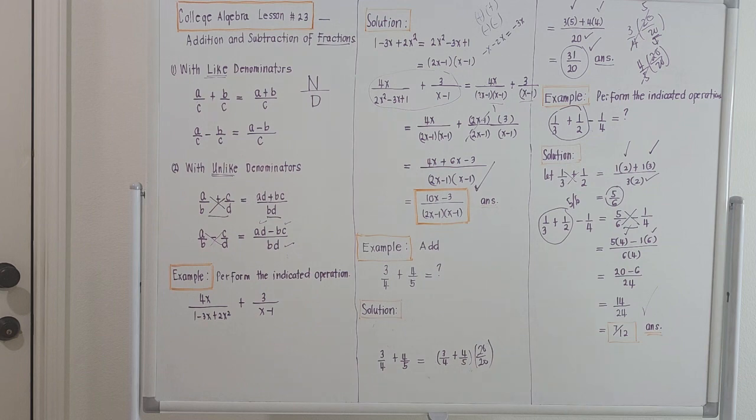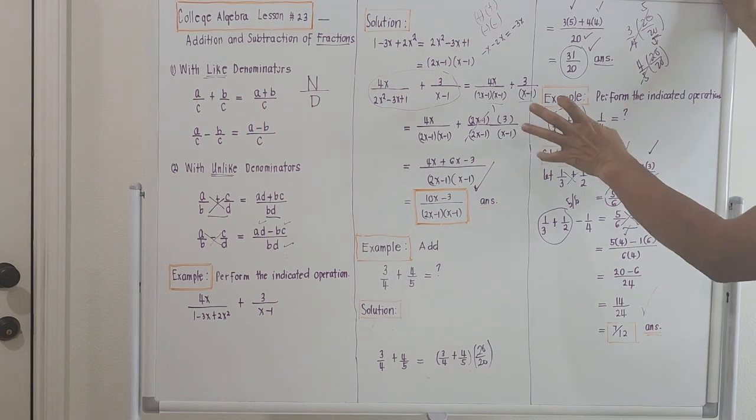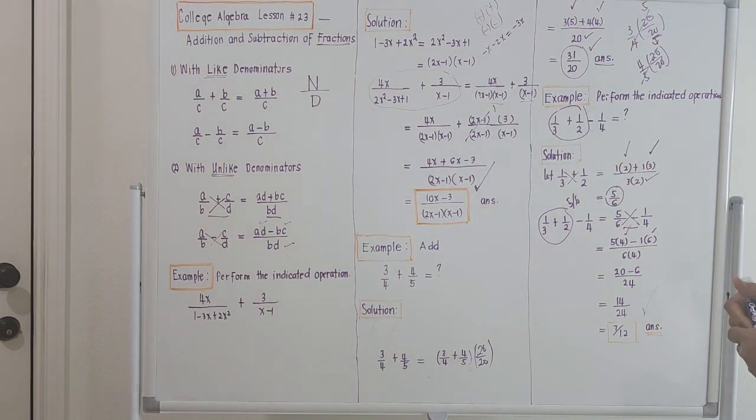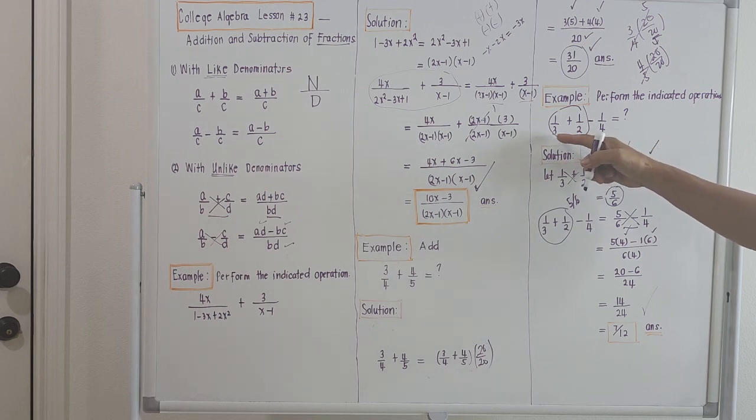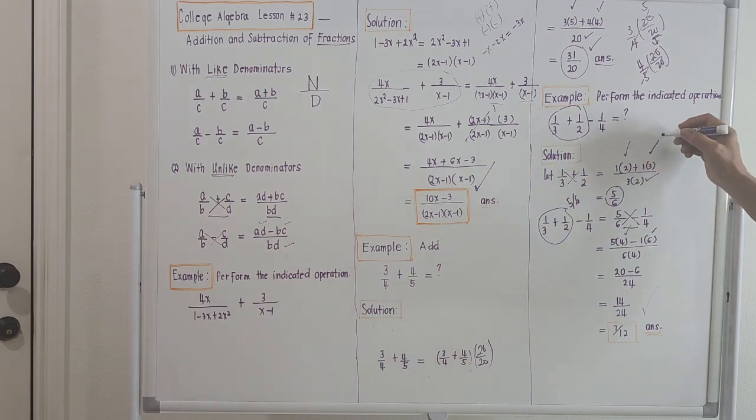I think that's the simplest solution. If you want to add and subtract at the same time, you could do it. The least common denominator will be the product of 3 times 2 times 4. What's that? 3 times 2 is 6 times 4, that will be 24.